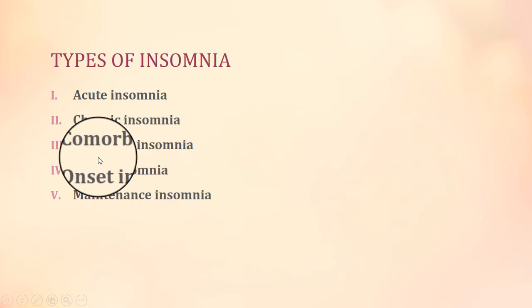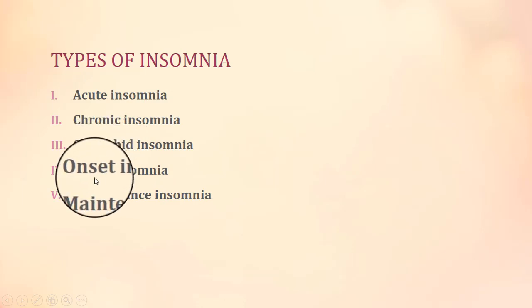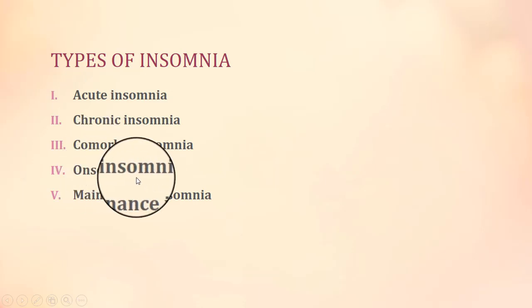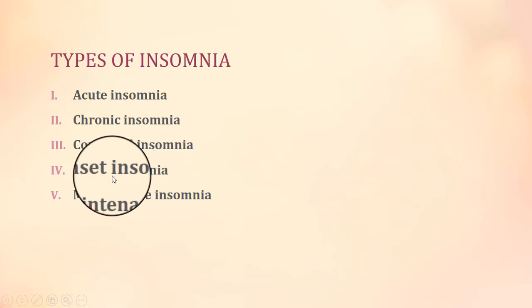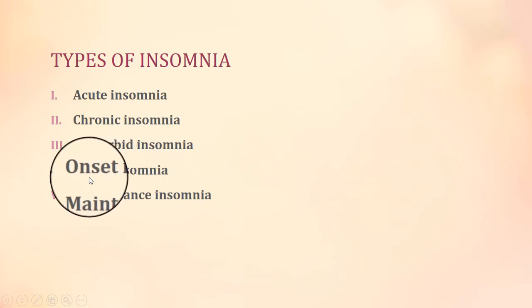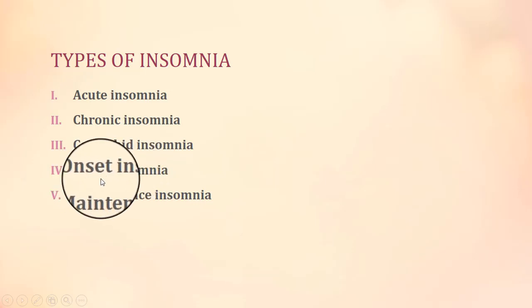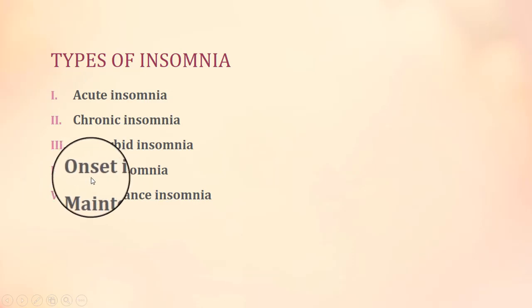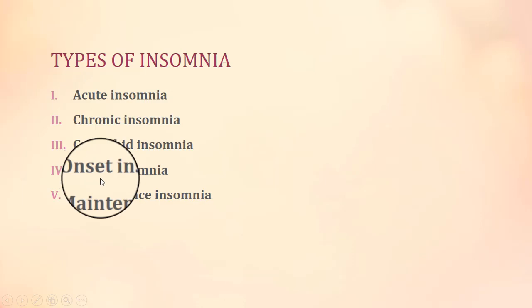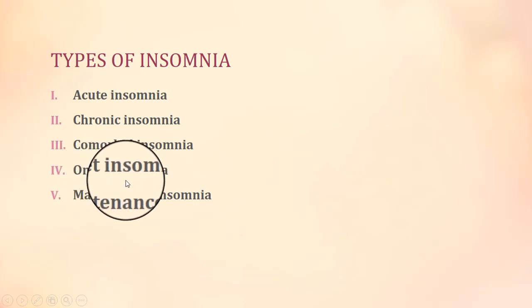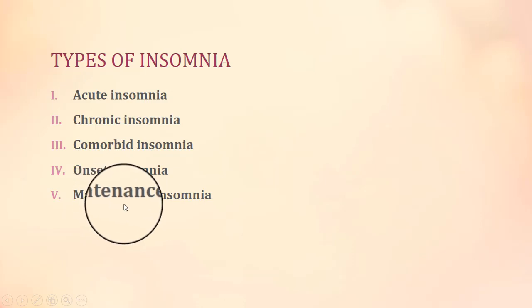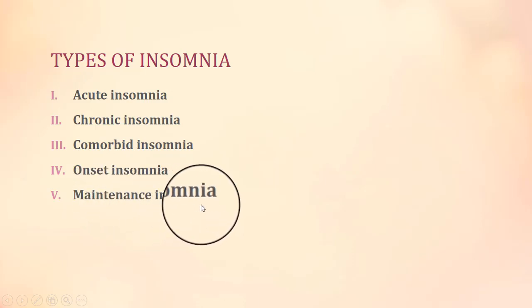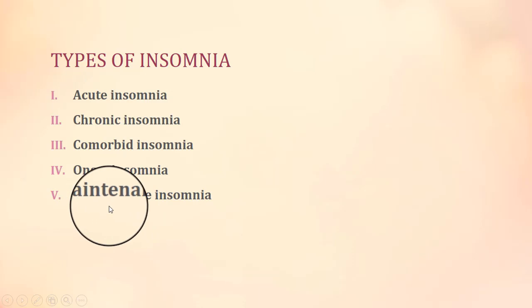Now next is onset insomnia. What does it mean? It means difficulty falling asleep at the beginning of the night. That is, in the first half of the night, the person is unable to sleep. Next, the last type of insomnia is maintenance insomnia, the inability to stay asleep.